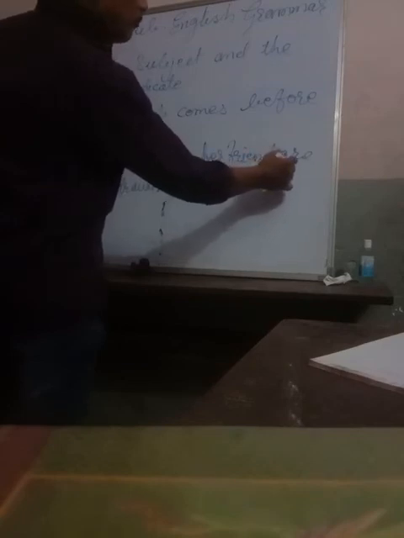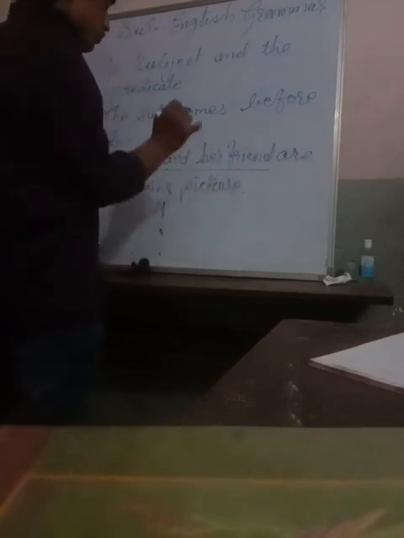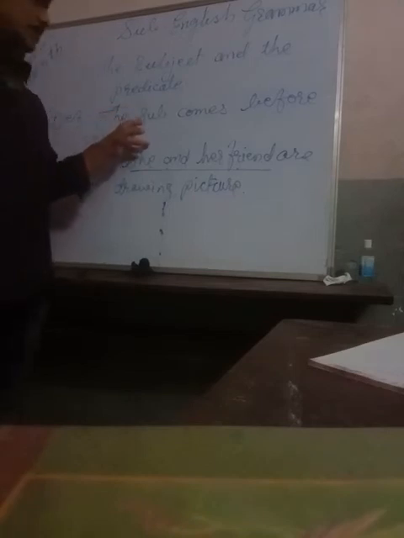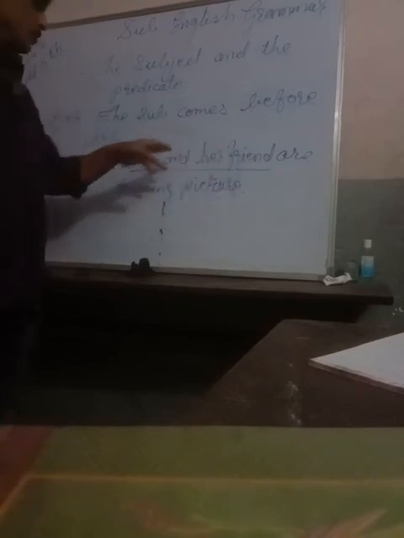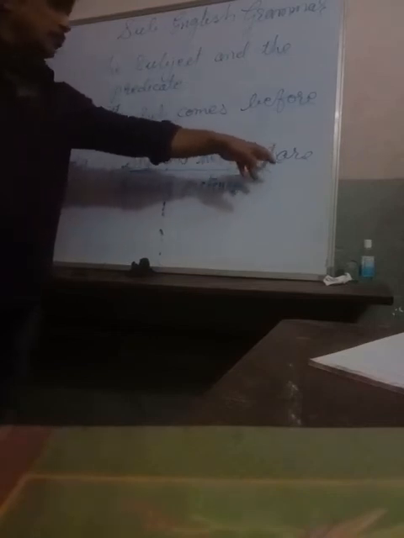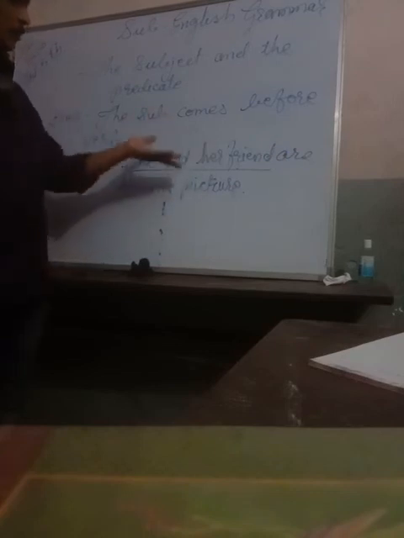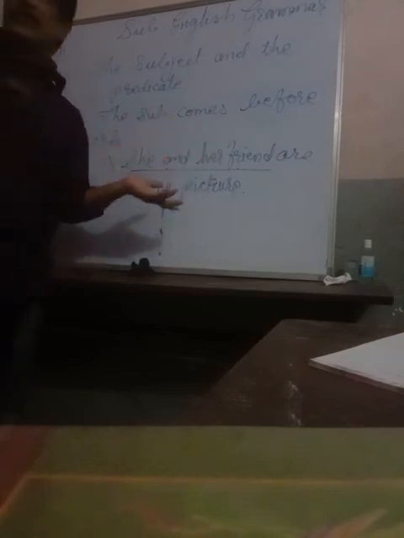Okay, and the rest now, look here, from here verb starts, are drawing picture. What is in the definition? The subject comes before verb. So look here, she and her friend comes before verb, because after that are drawing, this is the verb. So it comes before that. So obviously it is a subject. Got it now? Quite clear.